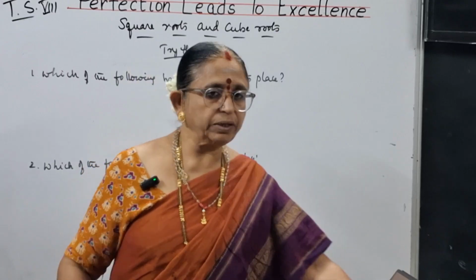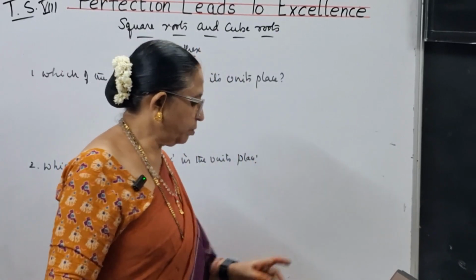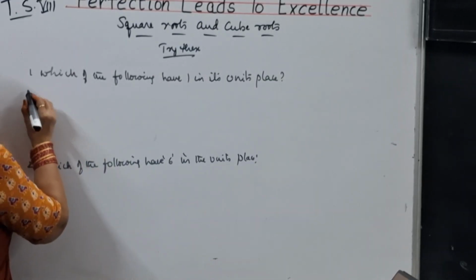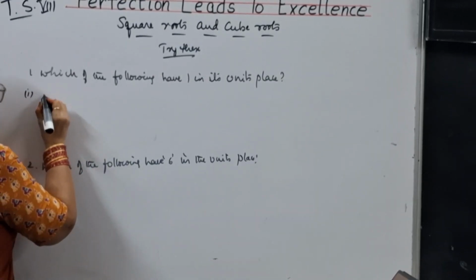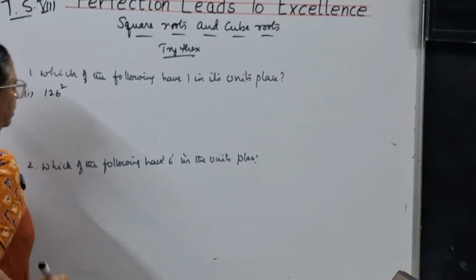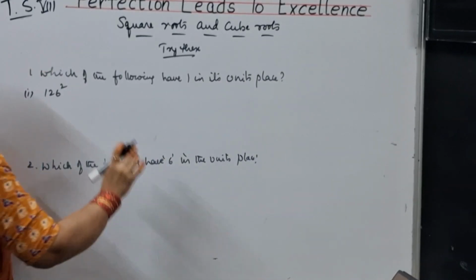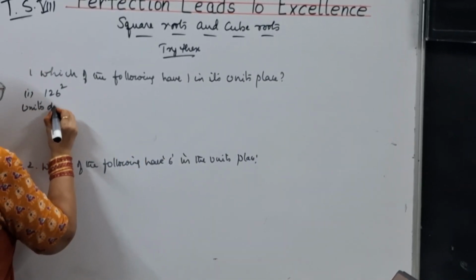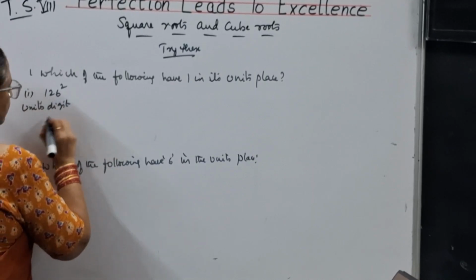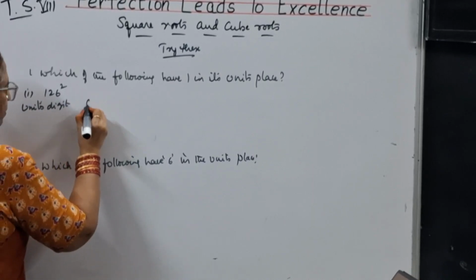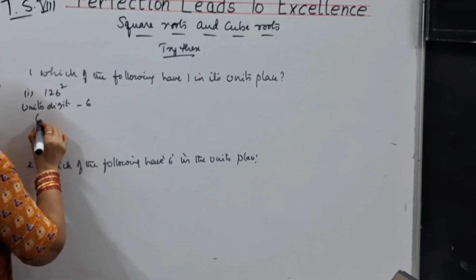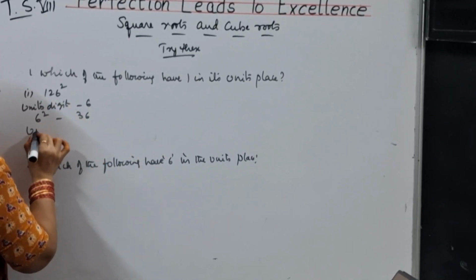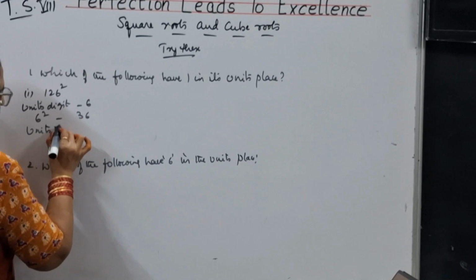Now, another try this sum, children. First bit it, which of the following have 1 in its units place? So, first bit is 126 square. So, because he is talking about units place, so what is units digit? Units digit here it is 6. So, what is 6 square? 36. So, what is units place digit?